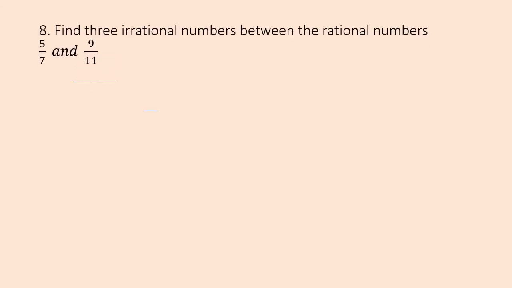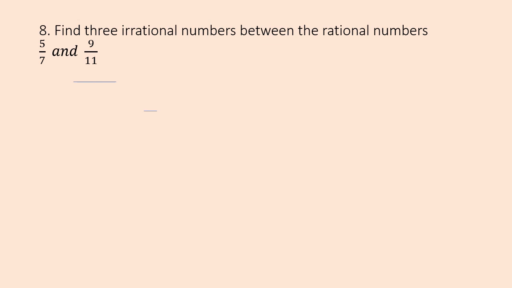Question number 8. Find 3 irrational numbers between the rational numbers 5 upon 7 and 9 upon 11. Here 2 rational numbers are given and you have to write 3 irrational numbers between them. You know the property of irrational numbers, that the decimal expansion of an irrational number is non-terminating, non-repeating.